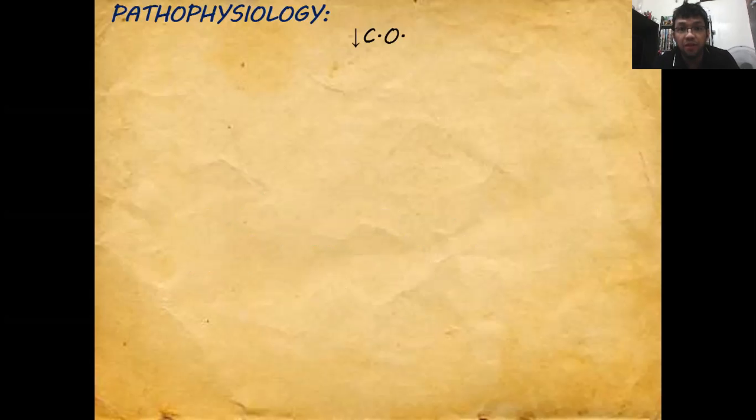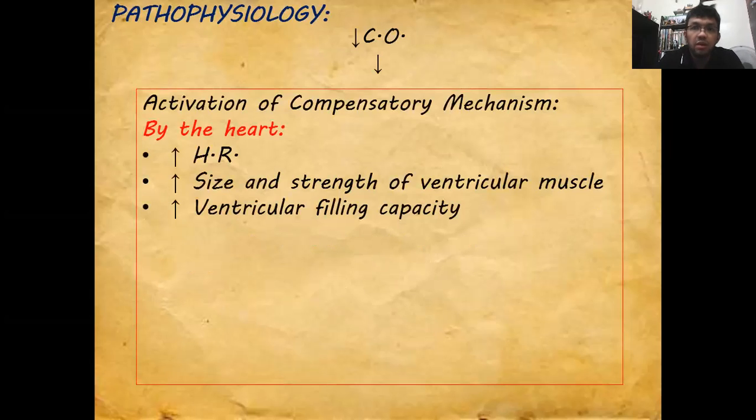Now we go to the pathophysiology of heart failure. It starts with the activation of the compensatory mechanisms of the heart. So it increases the heart rate. It increases the size and strength of ventricular muscle. At first, if the heart senses something wrong with the body, it compensates.